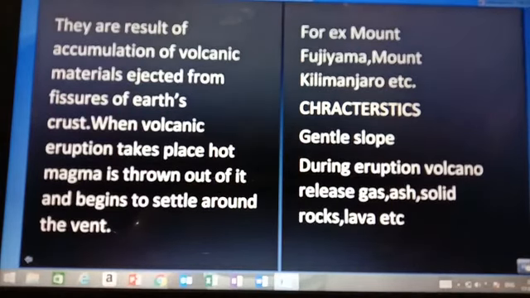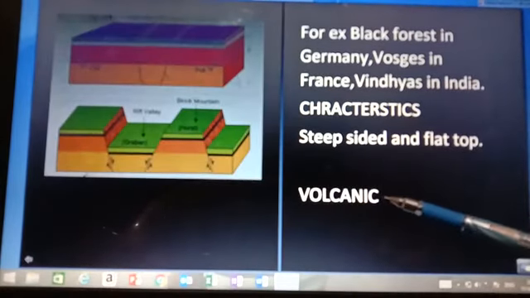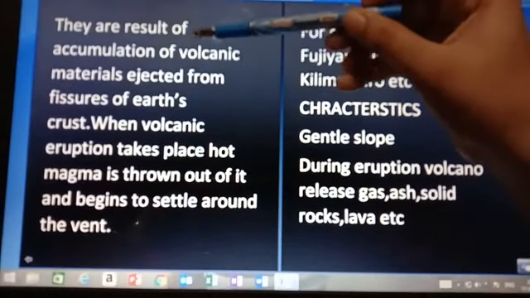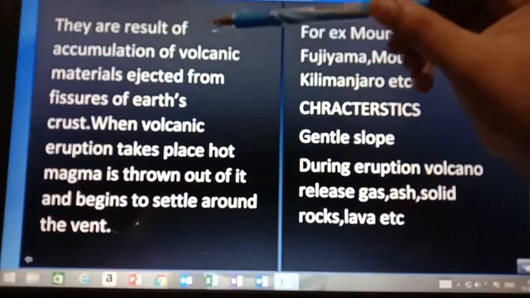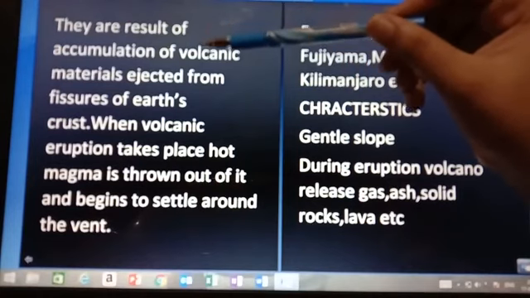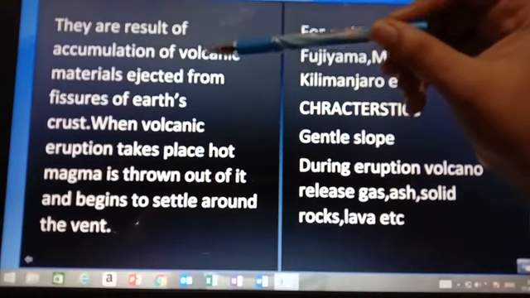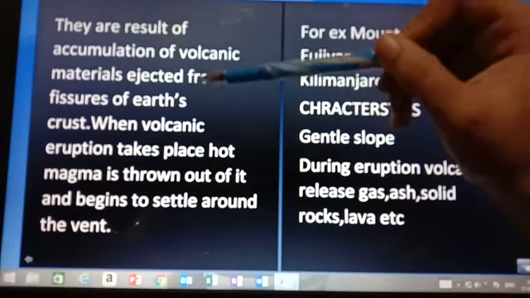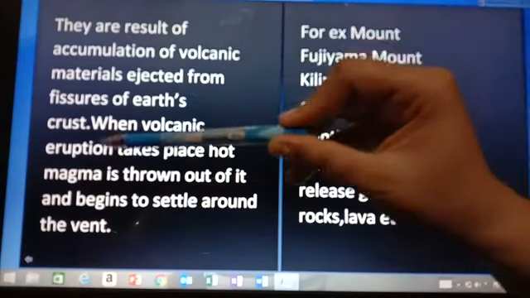Now, we have the third type of mountain here, that is volcanic mountain. Okay, we will study about it. As the name says, volcanic means as a result of volcanic eruption. They are formed as a result of accumulation of volcanic materials which are ejected from the fissures of crust.